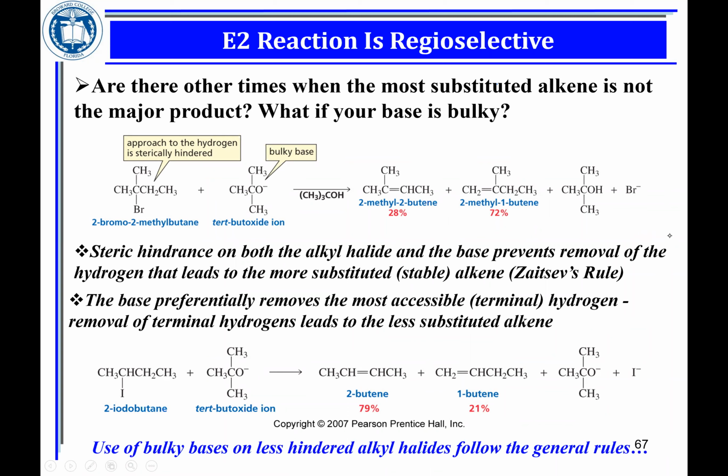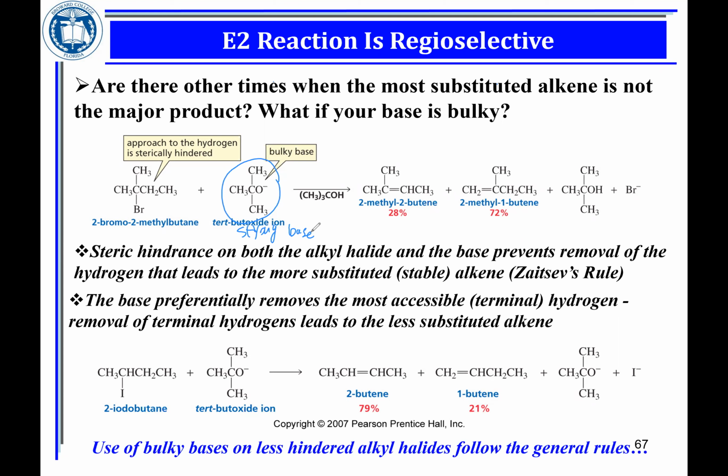Now, we looked at bulky base or bulky nucleophile for SN2. A bulky nucleophile for SN2 is not good. In this case, if it's bulky, it's not a good nucleophile, but it's a strong base, like t-butoxide. It can remove hydrogen because it's a strong base, but a weak nucleophile.